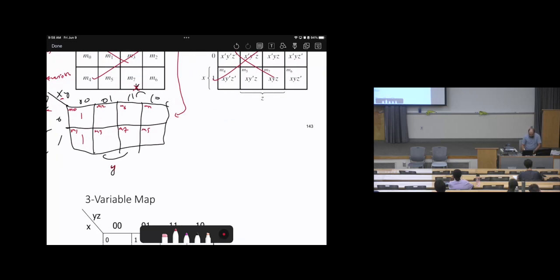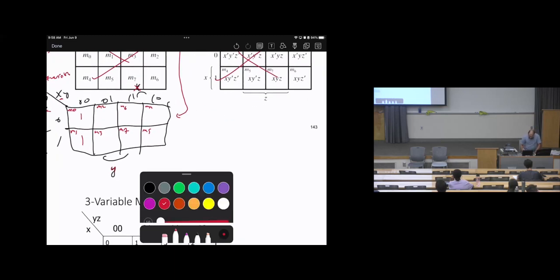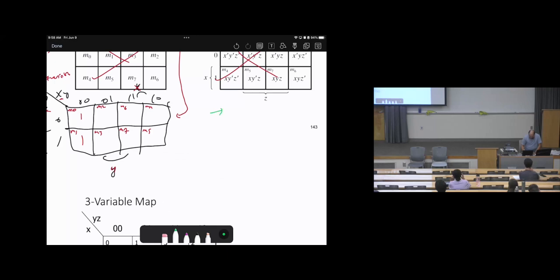The first observation: try to group 8 blocks. If we cannot achieve it, try to group 4 blocks. If we cannot, try to group 2 blocks. If we cannot, then take 1 block.